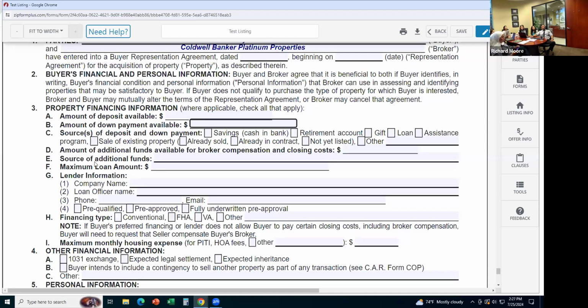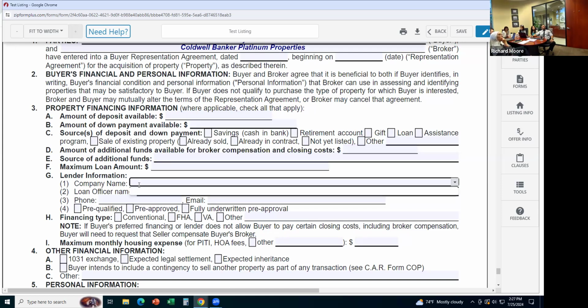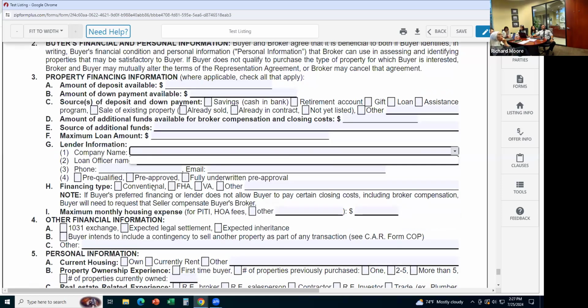The amount of additional available funds, maybe they have money coming in from their family, from parents or mom, dad, cousin, whatever it is. Maximum loan amount, so maybe they are pre-approved for up to this much. And again, lender information, whether they're pre-approved or pre-qualified.